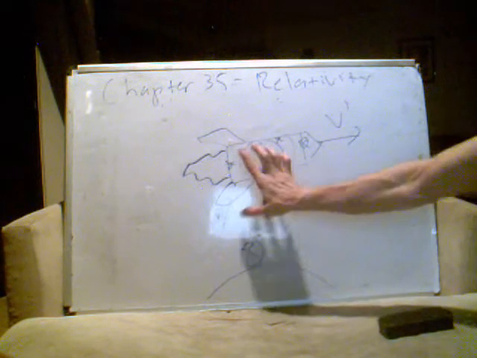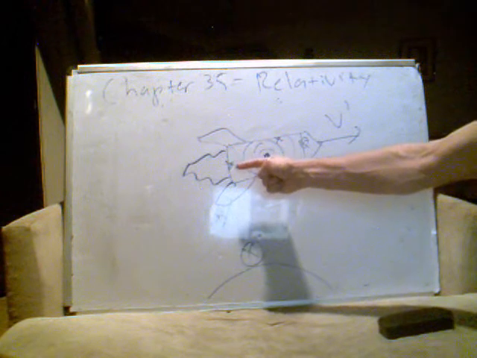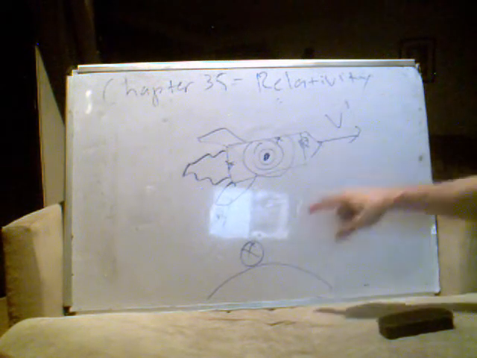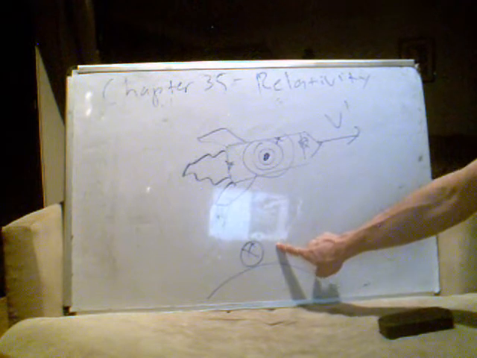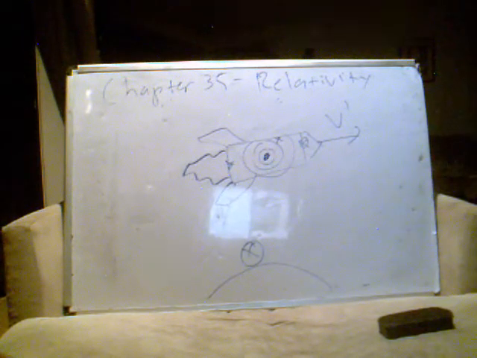So while the ship is moving this way, along with the back of the ship, the light is moving towards it. And because this is moving at some significant portion of the speed of light, it's going to look to this observer like the back of the ship illuminates before the front of the ship. Crazy, right?